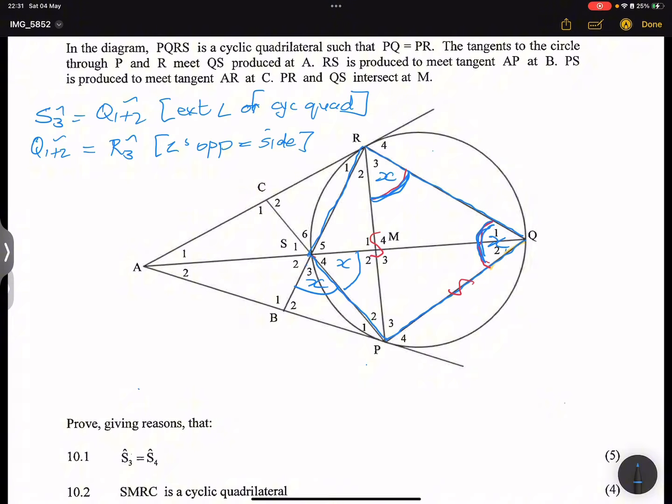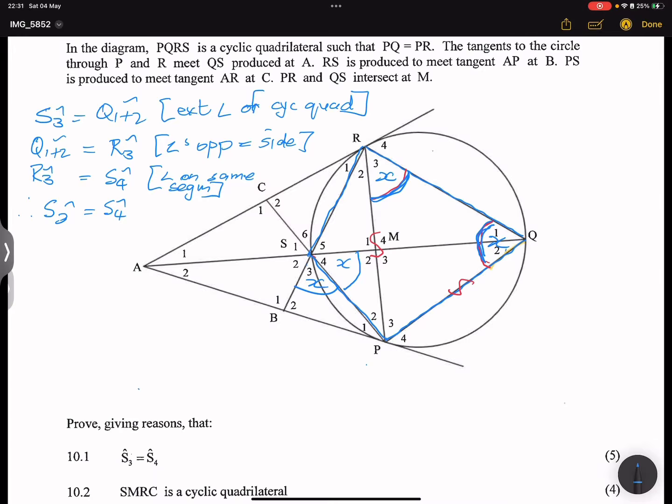And so as a result, ladies and gents, what do we notice again? We see that R3 is equal to S4. And why is that? Because these are angles on the same segment, right? And so what does that mean? It means that therefore S3 would be equal to S4. We've proven that they are equal.